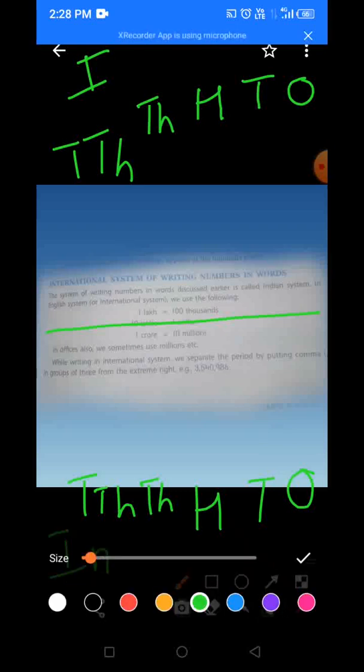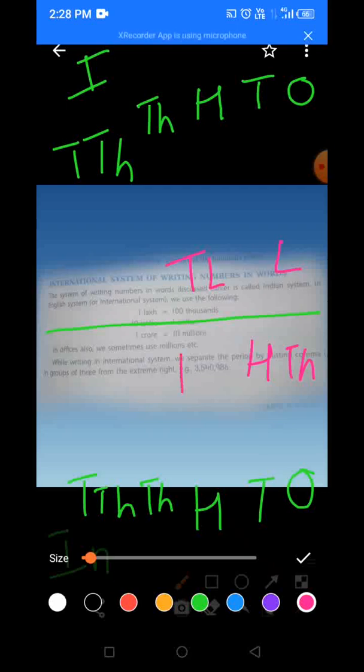But now we will switch. Now look here very carefully. After 10,000 in the Indian system we start writing lakh. Here you will not write lakh, you will write 100,000. Then comes 10 lakhs.